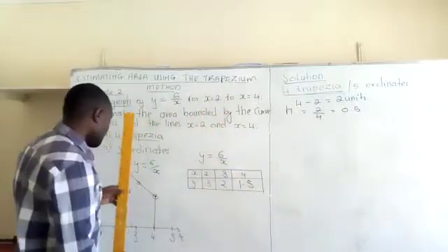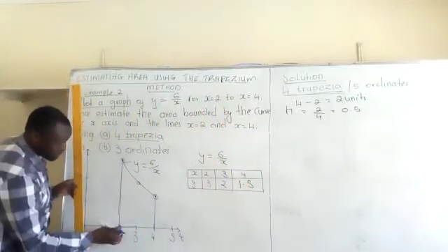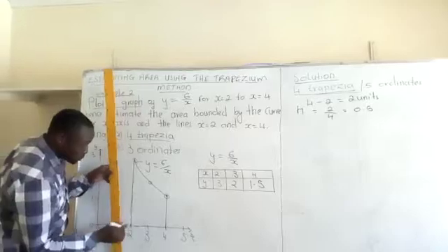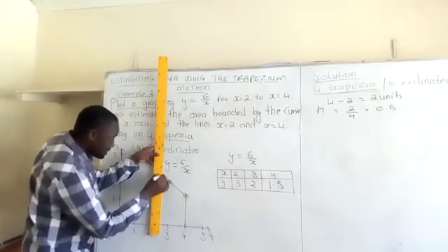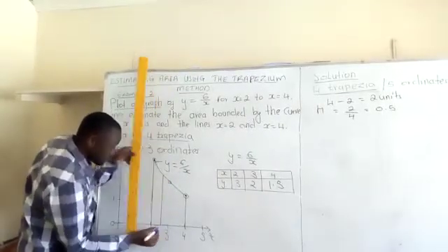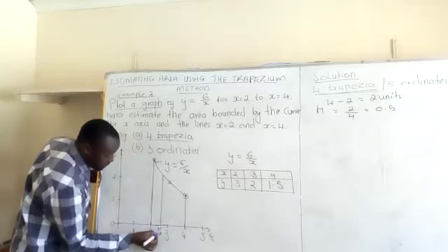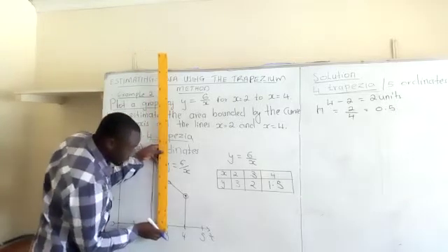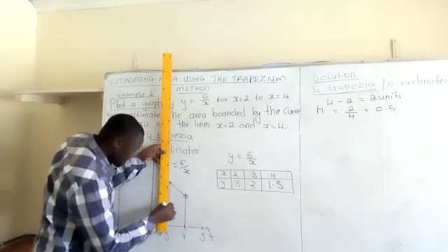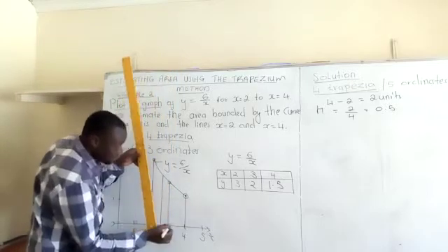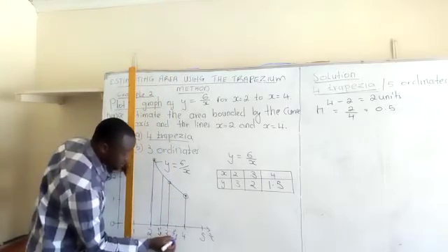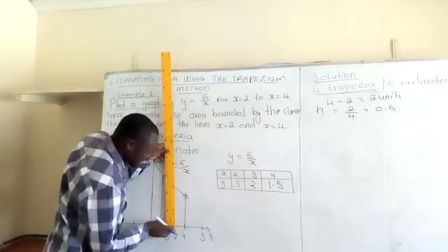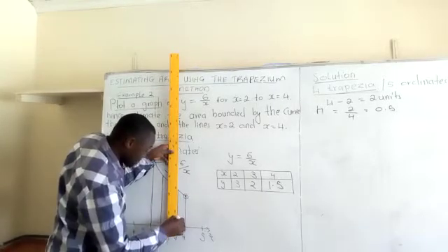So we go ahead and divide that. From 2 up to 2.5, the height of 0.5. Then 2.5 to 3, we get our second trapezium. Then 3 to 3.5, we get our third trapezium.